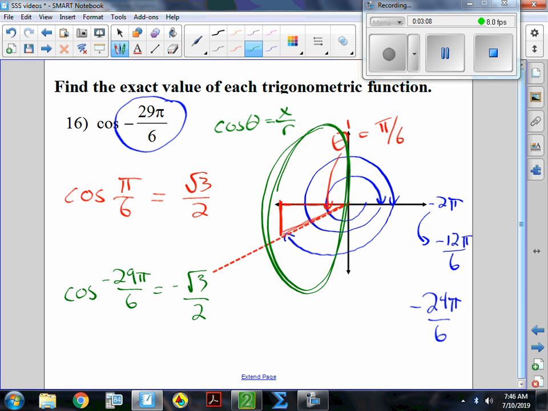X is negative on the left side of the graph, so my answer is negative square root of 3 over 2. If you needed to know where the square root of 3 over 2 came from, you can draw yourself a right triangle with a 30, 60, and 90 degree angle. So pi over 6 is a 30. You need to know your ratios.